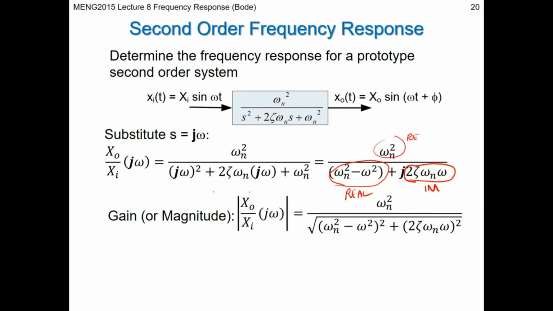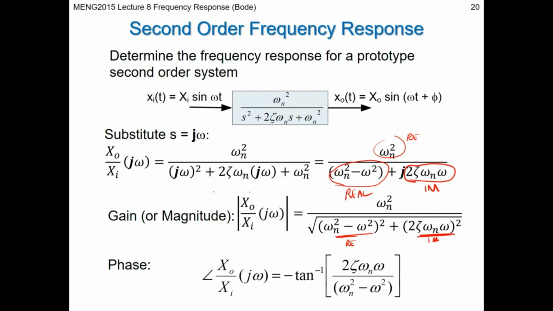So what's our gain? Our gain, just in the same way as we calculated it for the first order system, on our numerator the real part remains omega n squared, but on the denominator it's our real part squared and our imaginary part squared.